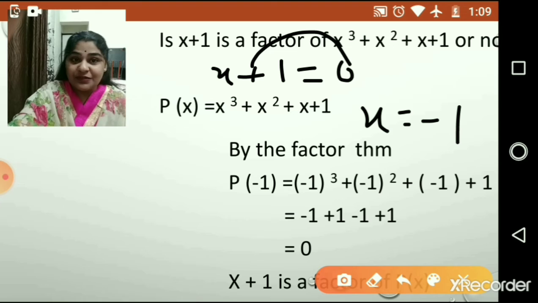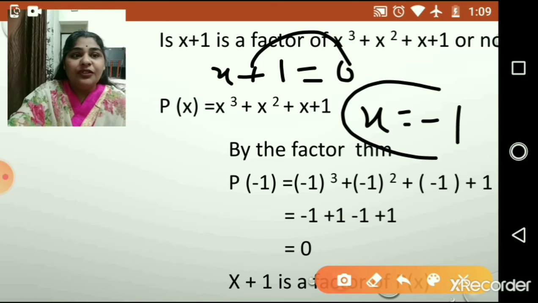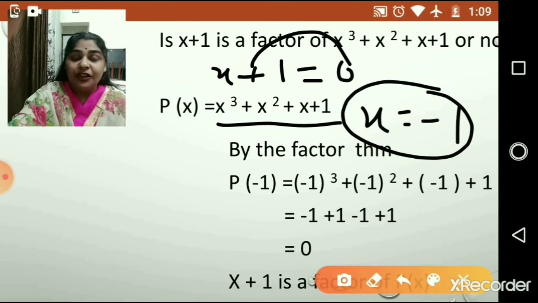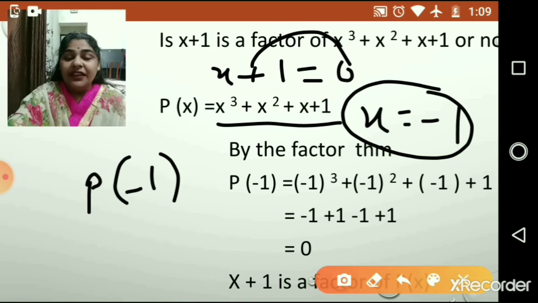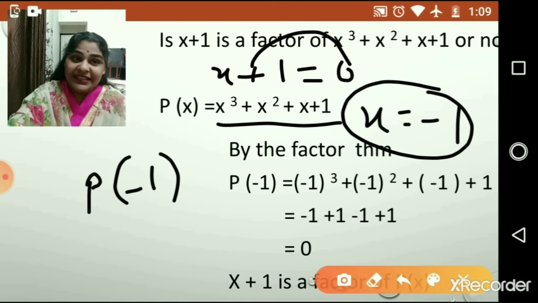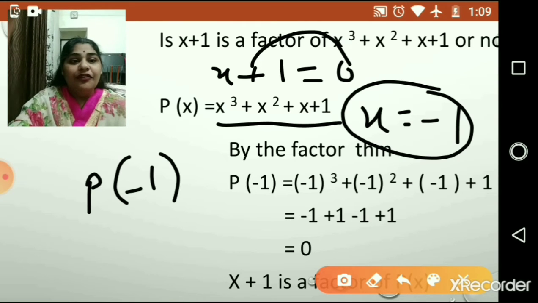We transpose this 1, right? So this value now we are going to substitute in the given polynomial. If it is equal to 0, that is, we are going to find the p of minus 1. If this is equal to 0, we can say yes, x plus 1 is the factor. If it is not 0, then we will say it is not a factor.